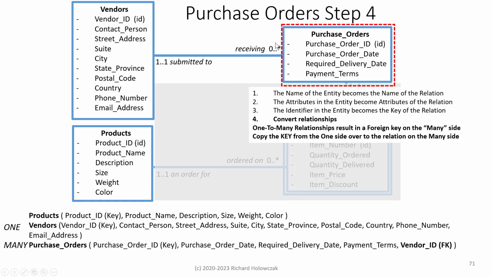Purchase orders is on the many side of a one-to-many relationship. Vendors is on the one side, purchase orders is on the many side. Whenever we have this situation, we copy the key from the one side over to the relation on the many side. All right, so typical key copied over to foreign key, and we are all done with purchase orders.